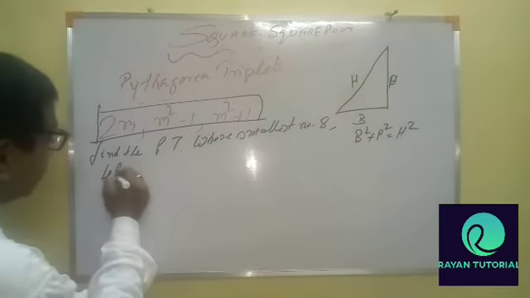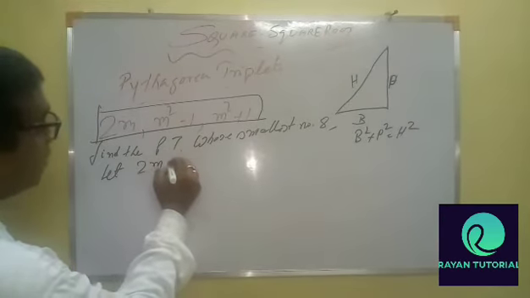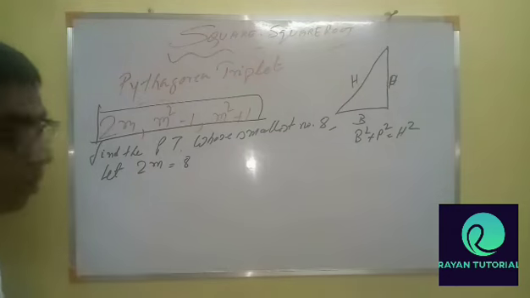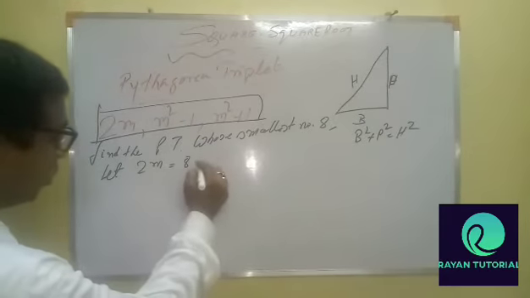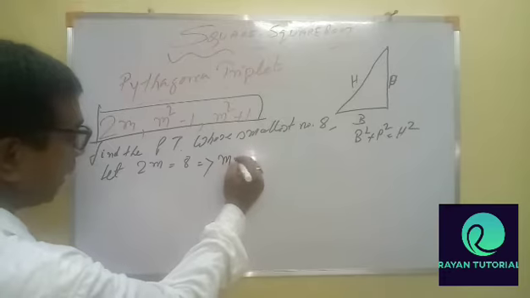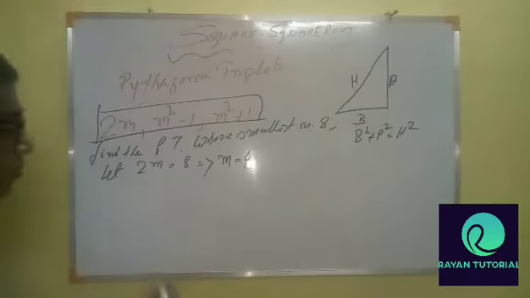So let 2m be equal to 8. So if 2m is equal to 8, that means m is equal to 4.